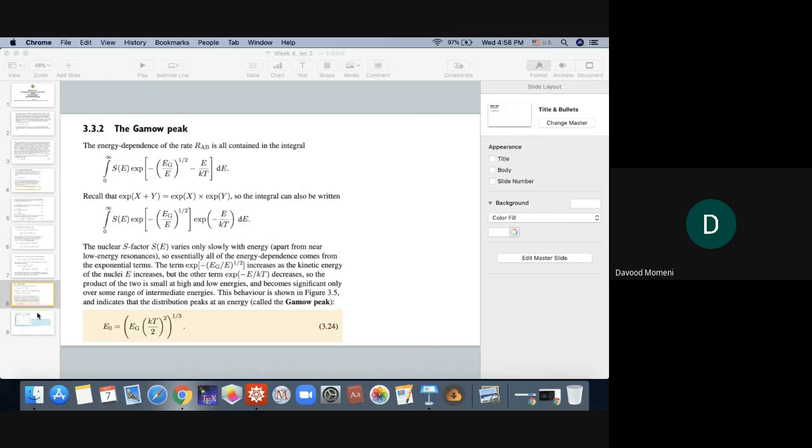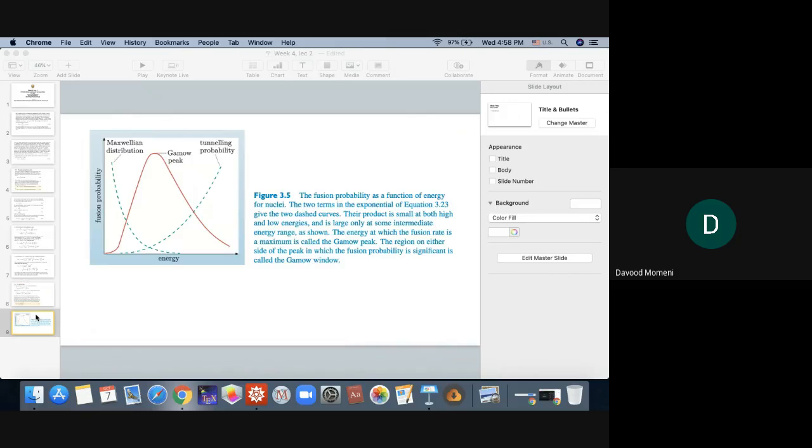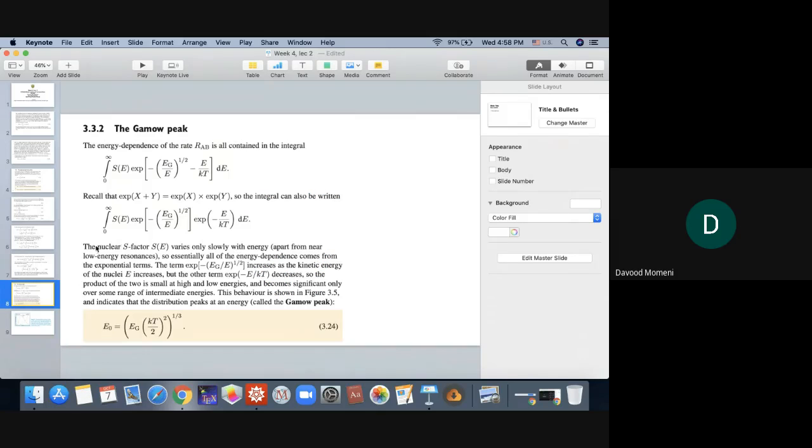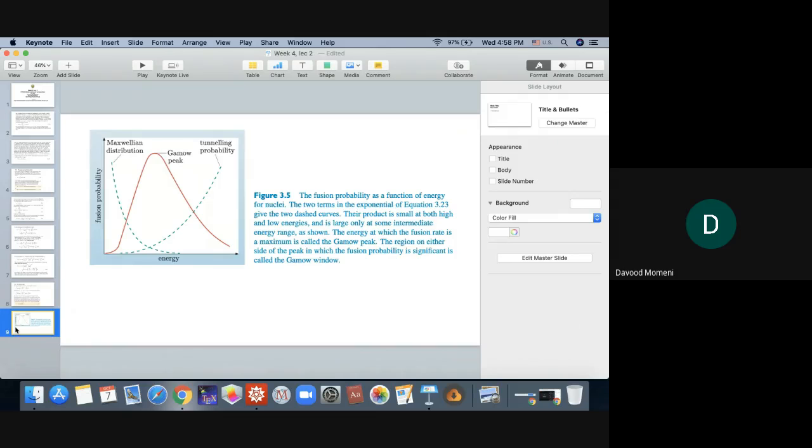Remember, this is the Gamow distribution. It has a peak. All the other energies do not have any contribution to the integral. Only the energy at the peak will be important here. So there is only one energy which makes a contribution to the integral, and this is the Gamow energy, and this is called the Gamow peak. This is the peak of the energy.